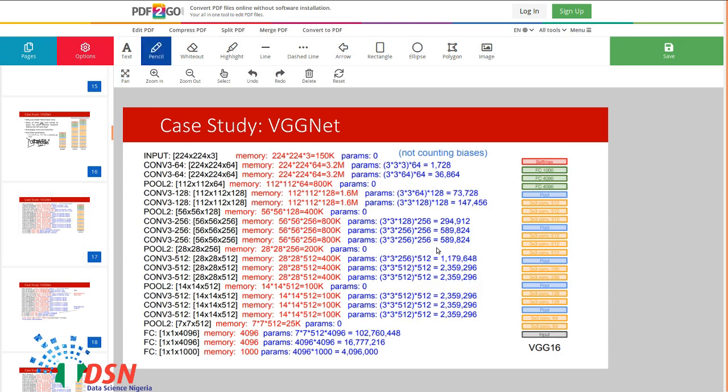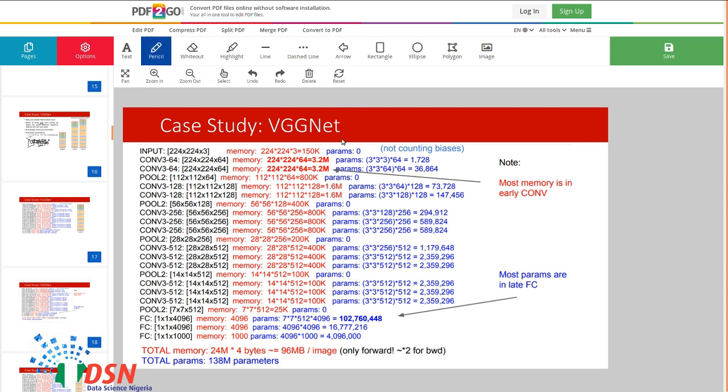Okay, so this is an analysis on memory usage and number of parameters of this network. So as you could see, let's go here, it is a better slide.